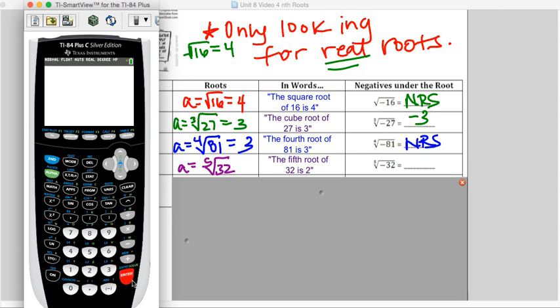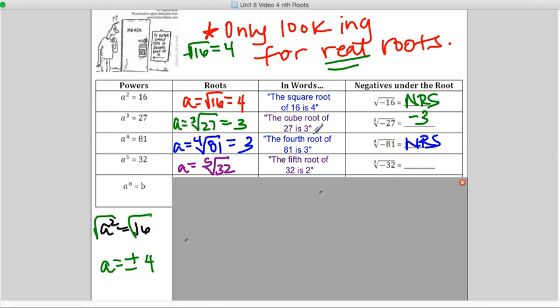What number multiplied 5 times gives 32? 2. Could I do negative 32? I'm just going to arrow up and change this one. If you have this calculator, you can arrow up and go second insert, which is above the delete, and then negative, and then hit enter. That one gives you negative 2. So this one gives me an answer of 2, and this one gives me an answer of negative 2.